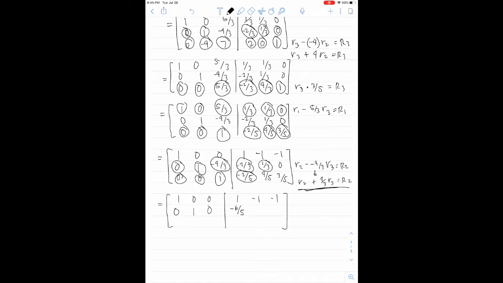So, na po, 1/3 plus 4/3 times 4/5 is just 7/5. 0 plus 4/3 times 3/5 is 4/5. Okay? So, copy ang uban. 0, 0, 1. Negative 2.